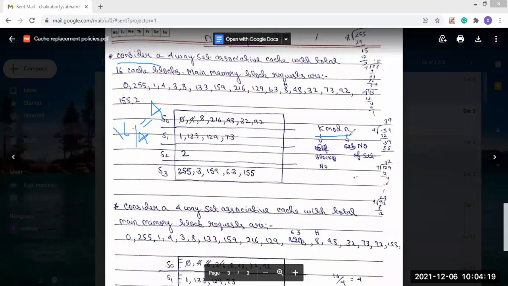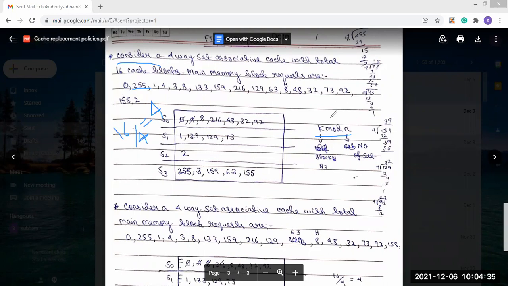That means block 0 will go to set 0. Then the next is 255, so 255 mod 4.